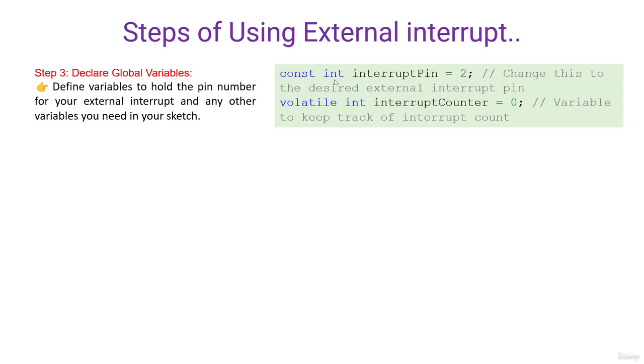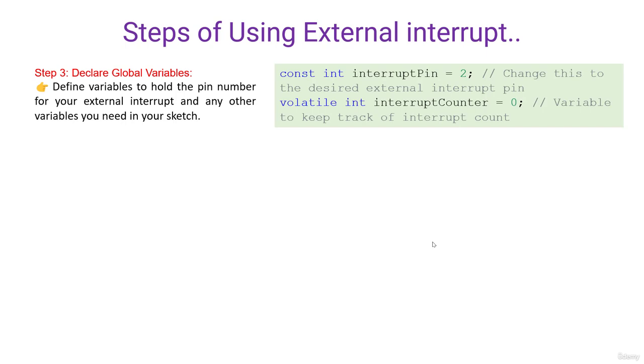Like we can use a constant int to hold the pin number. We are using a variable interrupt pin, and volatile int interrupt counter for using a counter. These are defined and initialized outside the scope of any function at the top of the program, and they will be used as global variables.